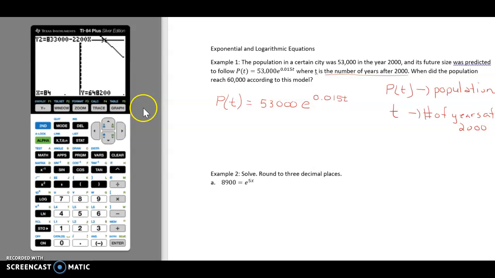Okay, so the question is, when did the population reach 60,000 according to this model? This here is not the number of years after 2000. This represents the population of the city. So that replaces P, the population, with 60,000.